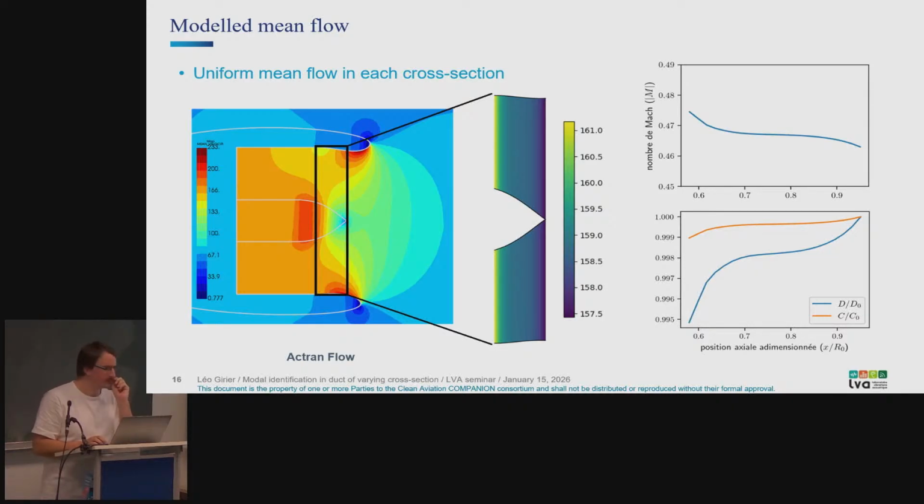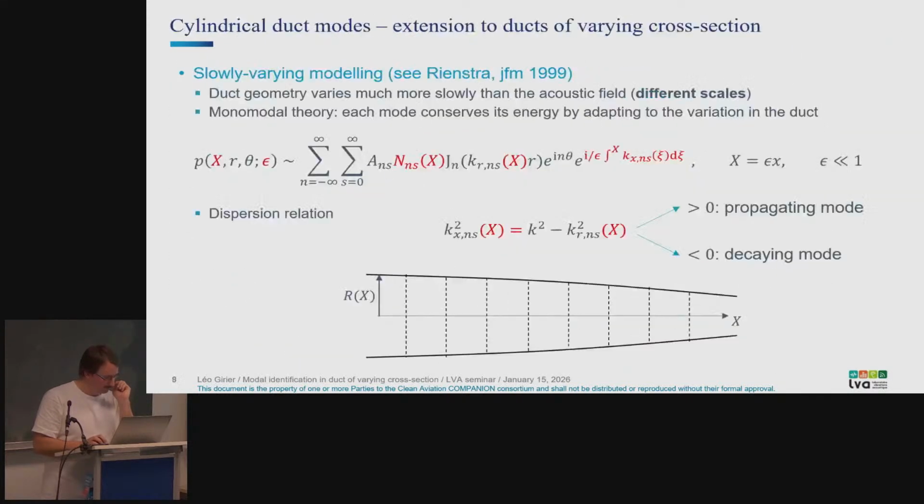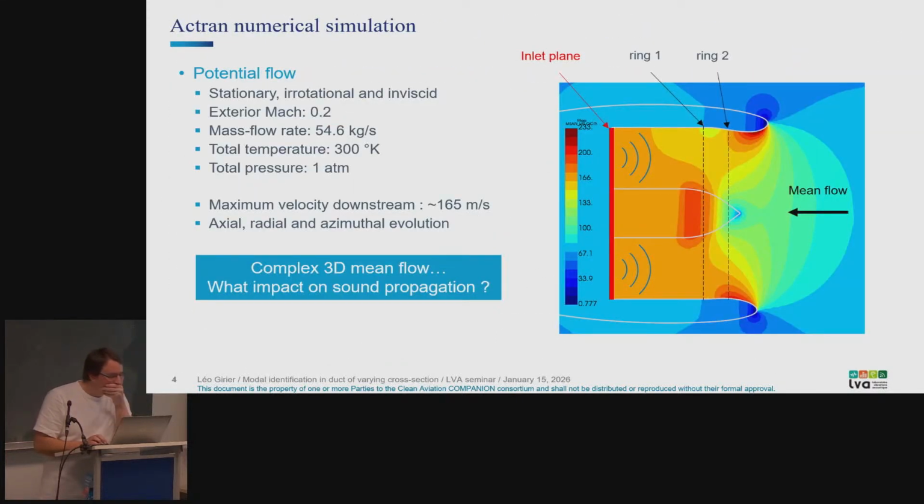Question: what temperature is that, total temperature? Total temperature also accounts for the kinetic energy: temperature plus half of rho v squared. This is something we use.